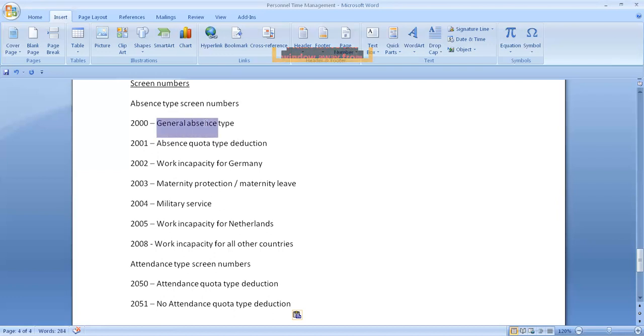This is without deduction type. 2002 work incapacity is used for short term disability. It was earlier maintained for Germany. 2002 was initially developed for German work incapacity. After that, Netherlands and all other countries.